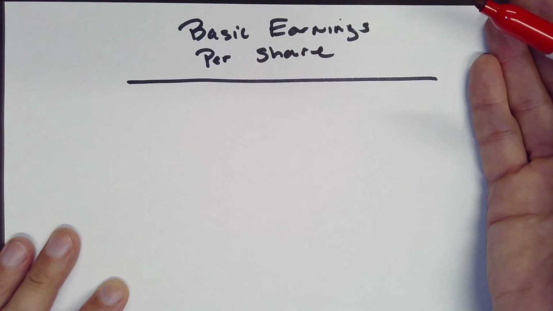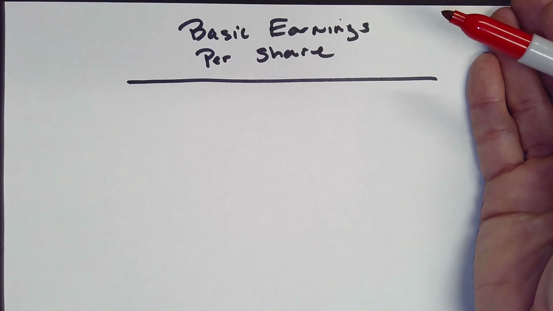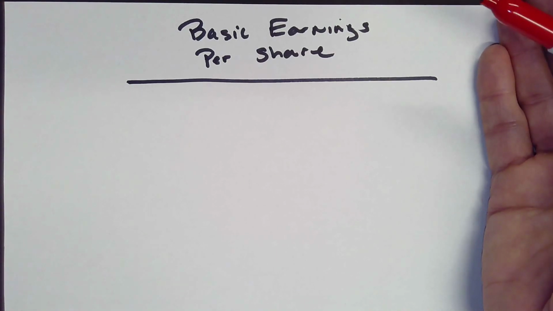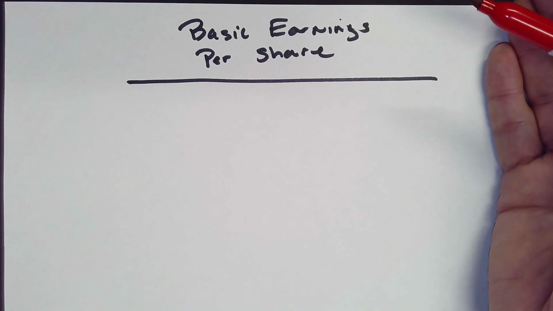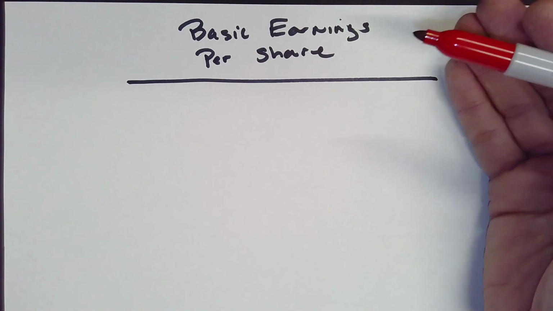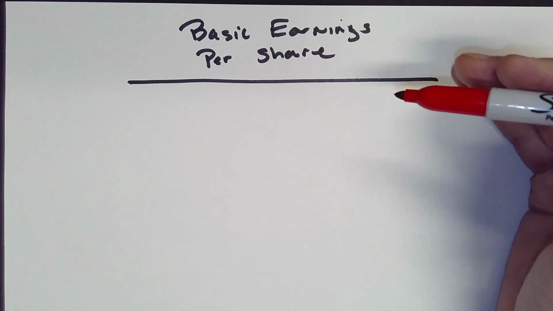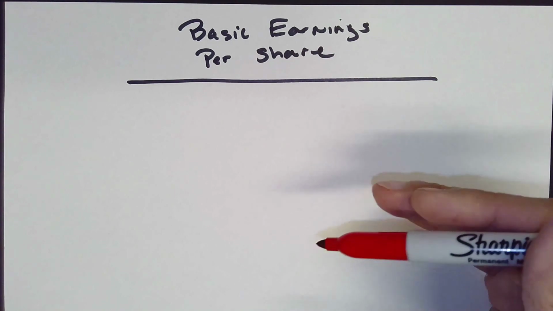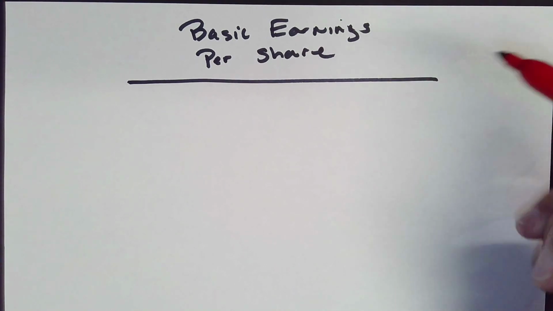Could be, if it's cumulative preferred. But there could be dividends. Those dividends are stated. And there's a liquidation value. And that liquidation value likely takes precedence over whatever the common shareholders would get. So in the ordering of liquidation, in the winding down of a company, they would be ahead of the common shareholders.